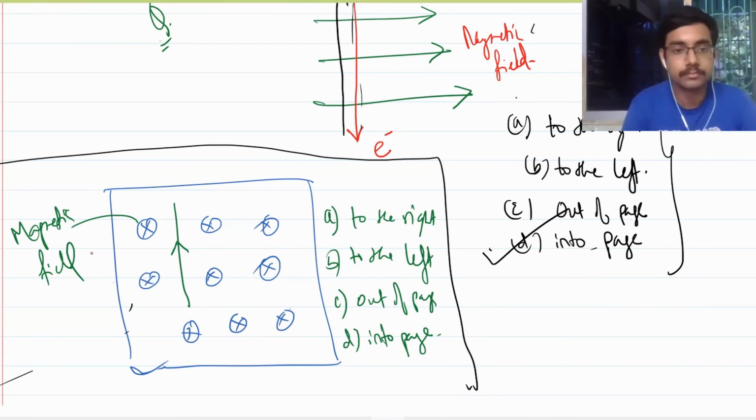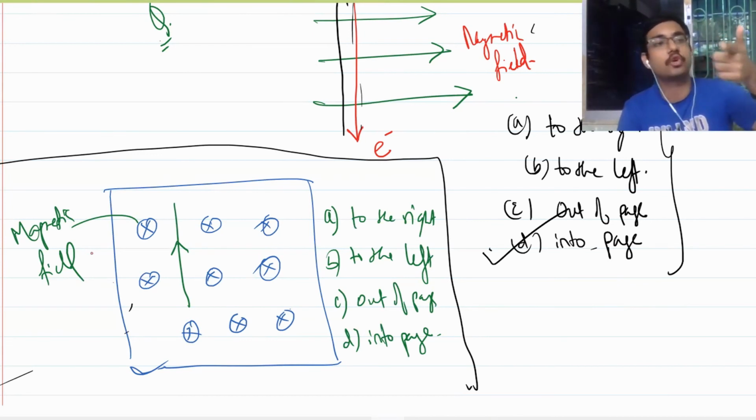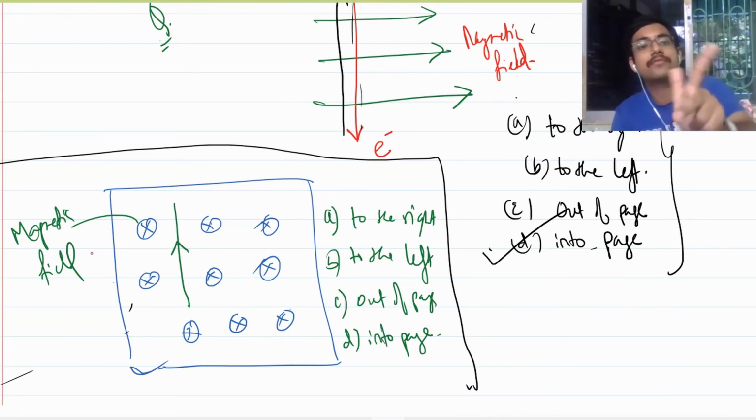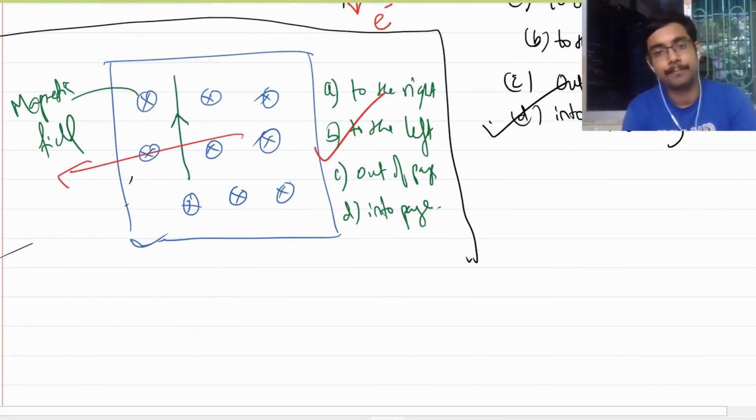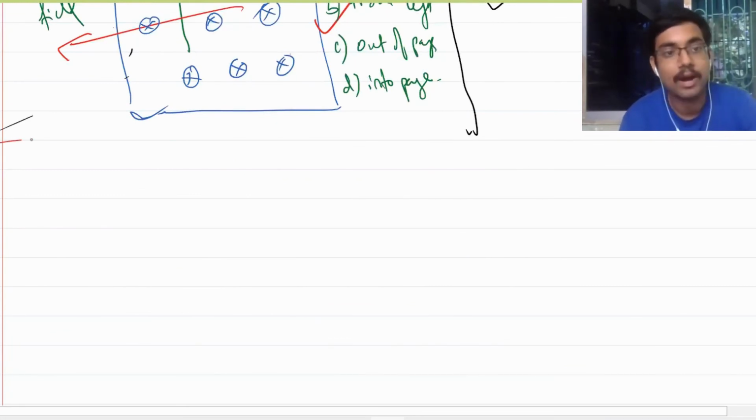So the magnetic field is inside, so your index finger will be inside. The direction of current is up. So your thumb is to the left. So the force will be to the left. Is this clear?